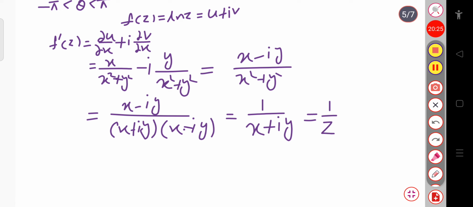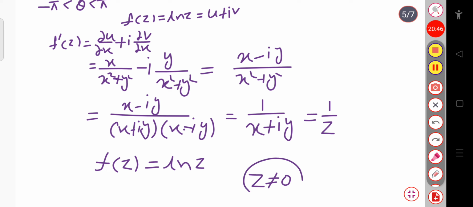So for this function f(z) equal to ln z, its first derivative is 1 by z. The function is valid when z is not equal to 0, and we can say that ln z is continuous.